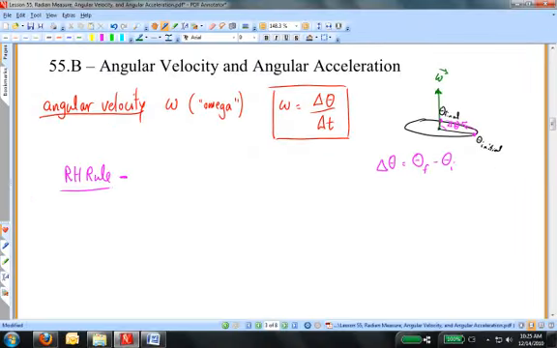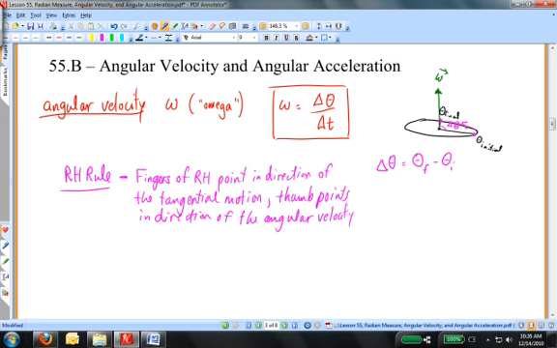So omega is a vector that is perpendicular to the plane of the circle through which the object is moving. The sign conventions for omega are that if the object executes counterclockwise motion, we say that omega is positive, whereas if the object goes in the clockwise direction, then omega is negative.